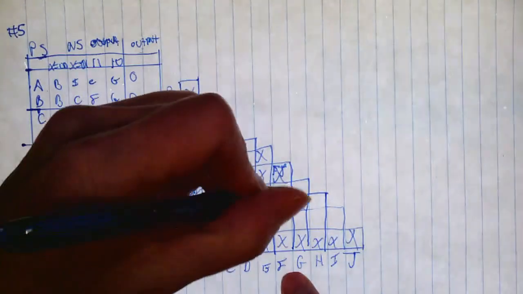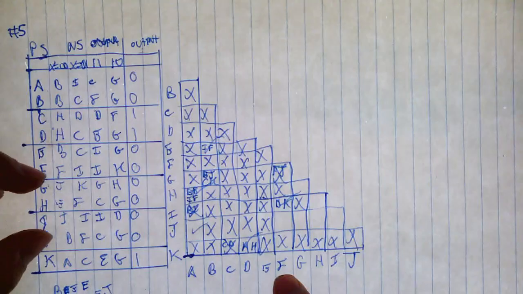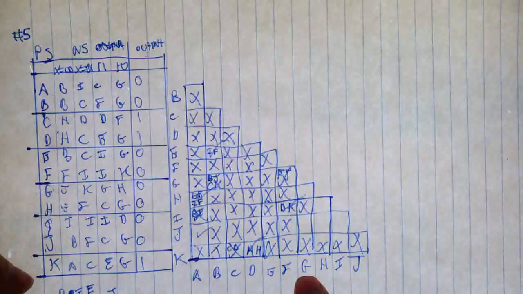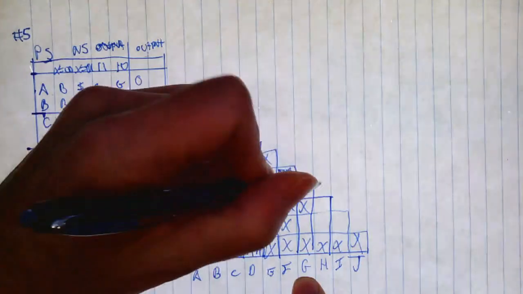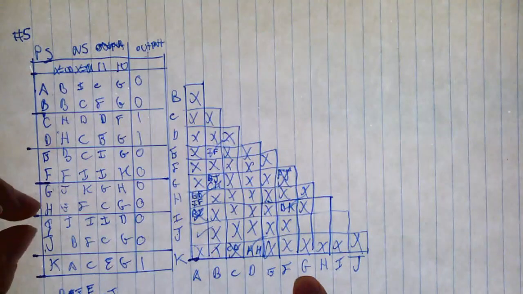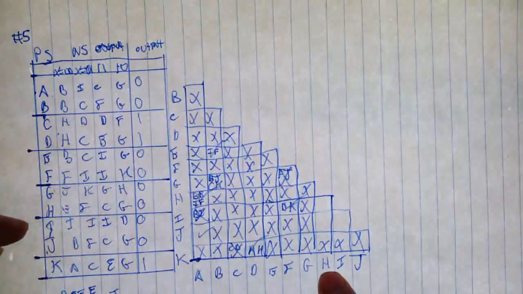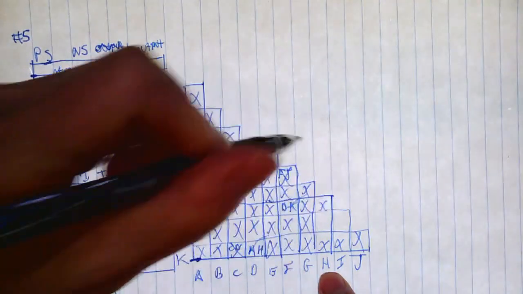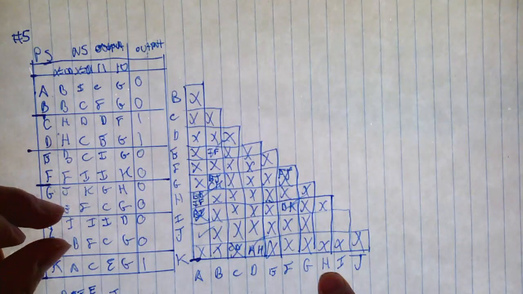That's got an X. FJ needs BF, and BF has got an X. GH is JE, and JE has got an X. GJ is BJ, and BJ's got an X. HI is EI, which has got an X. HJ is BE, which is FFCCD. BE looks all right.